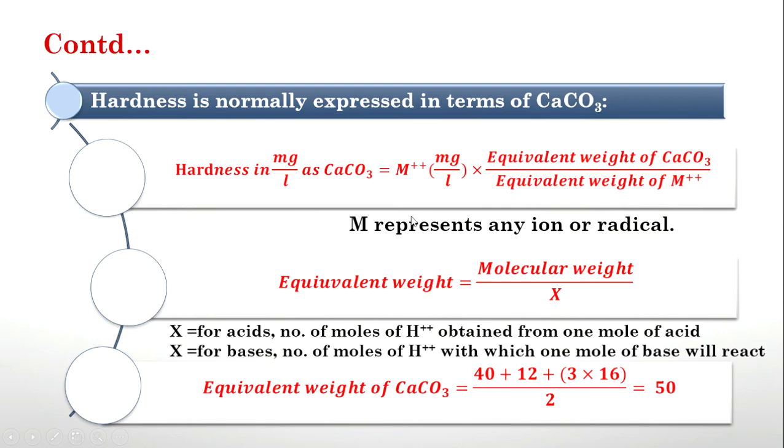These are the ions which can cause hardness. Equivalent weight is calculated by molecular weight divided by X. The definition for X is given here. The equivalent weight of calcium carbonate is calculated as 50. So this is the equation used for finding the hardness of water.